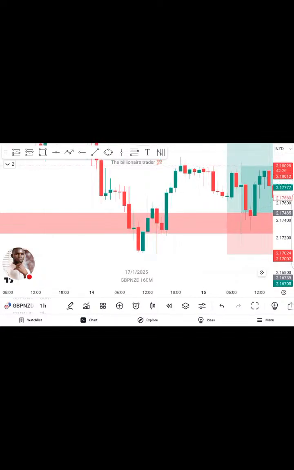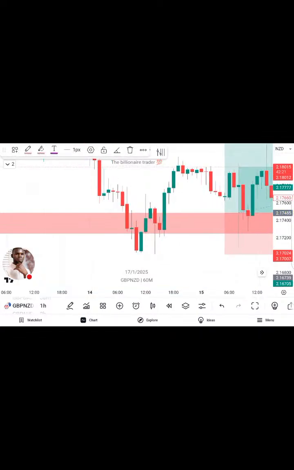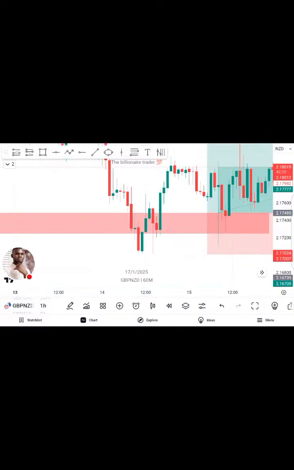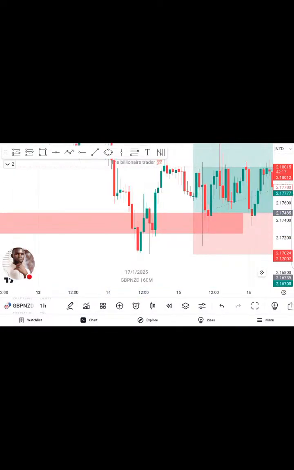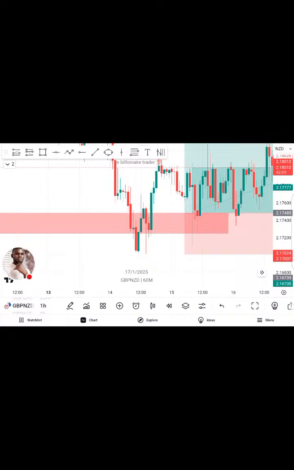And that's exactly what happened there. This is the zone that was expected to hold, the demand zone, but it failed. So look at the aggressive movement for the failure. After failing, you can see the way price actually moved back in the actual direction.